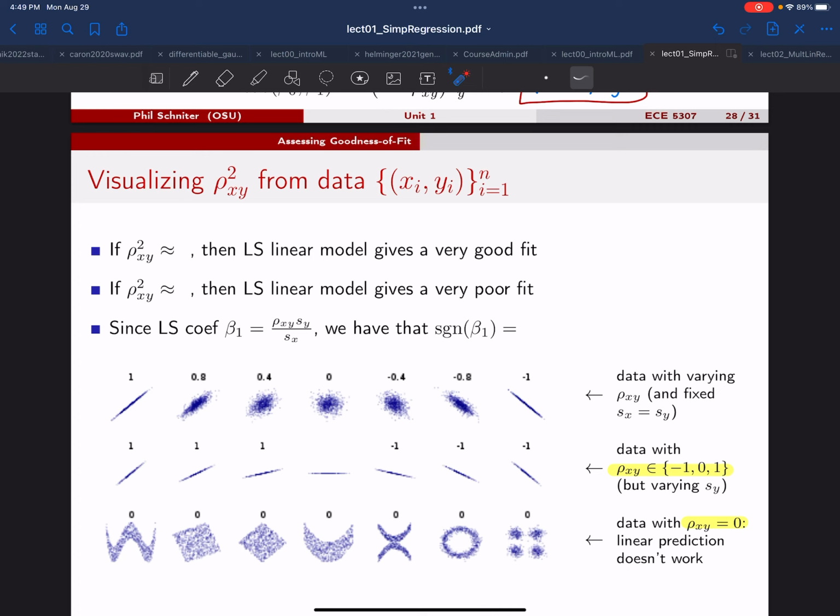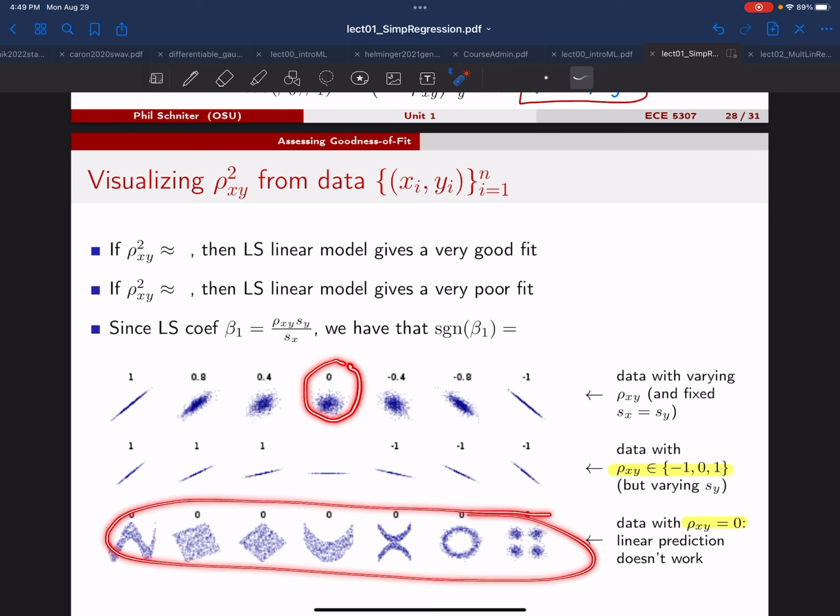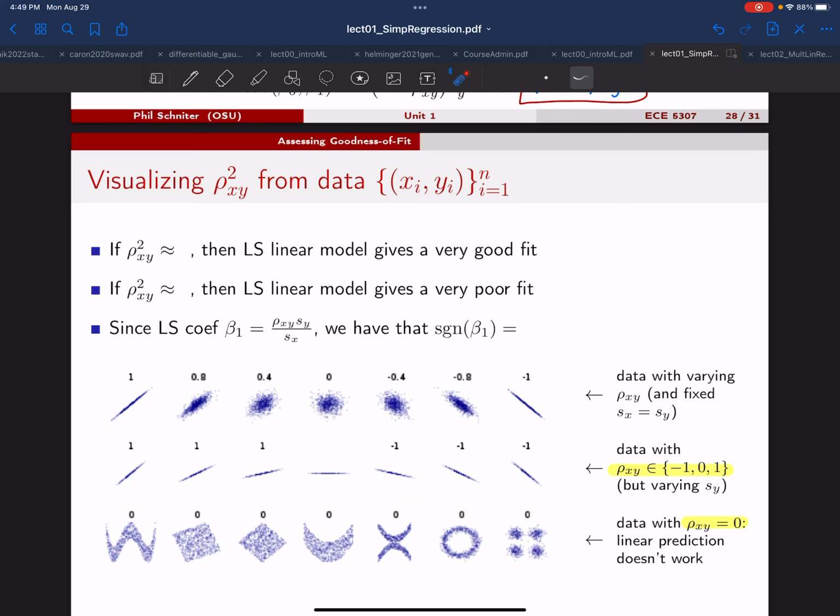Maybe I could do some sort of prediction, but the kind of simple prediction we're doing here, linear prediction, is not really going to be good enough. So this is not the only way to get rho xy equals 0. Here's a whole bunch of other ways. In order to leverage those things, we're going to have to use more sophisticated methods that are not based on correlation, but based on some other more complicated things.